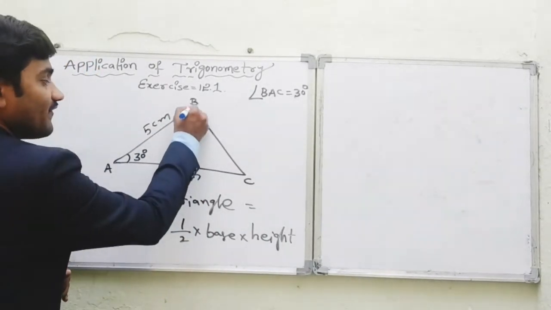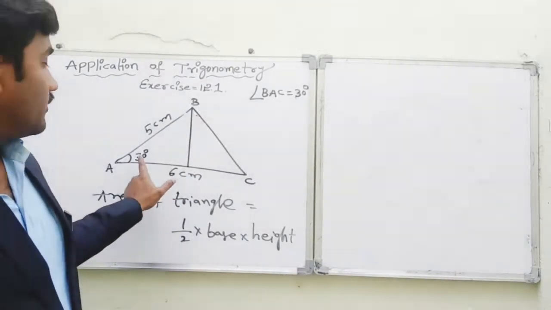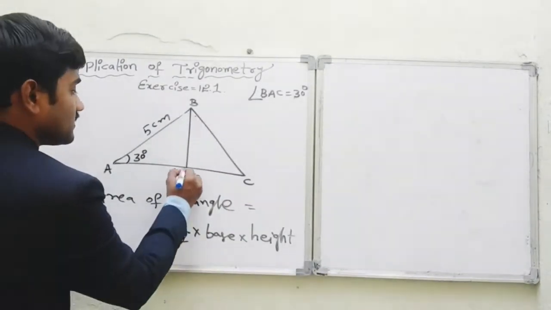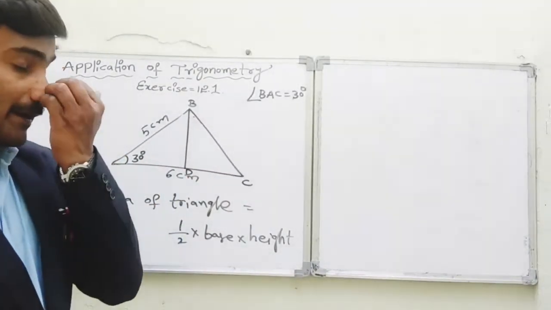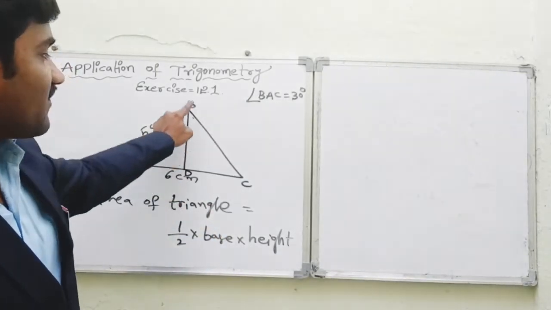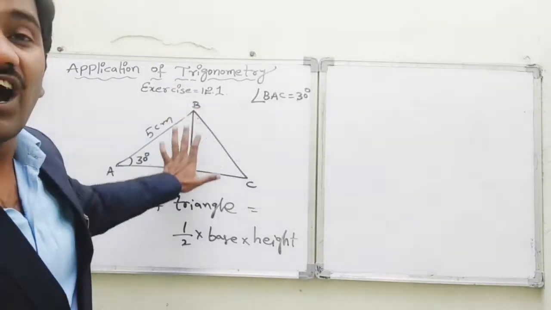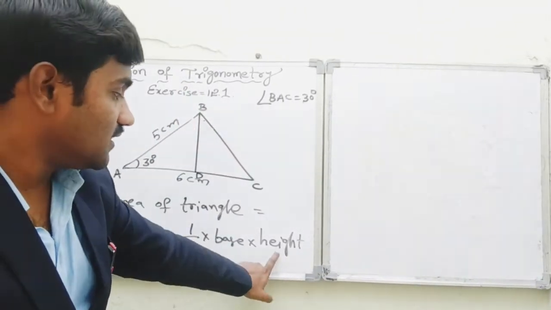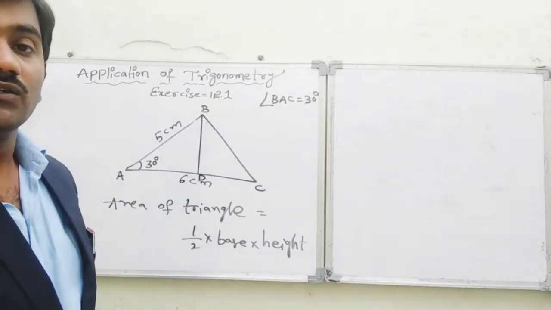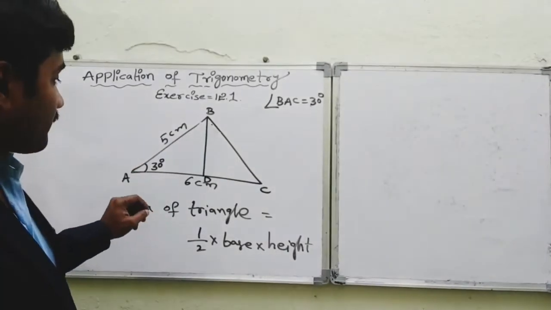Let's draw one perpendicular from the B to the AC. Suppose here BD. Here BD is a perpendicular. Let us find out what is the height of the BD. That means the height of this triangle we will find out first. This height we need to find out. So how can we find out? Let's see here.